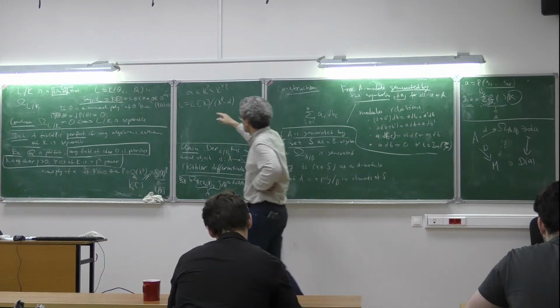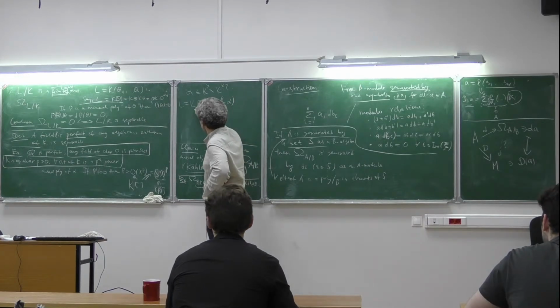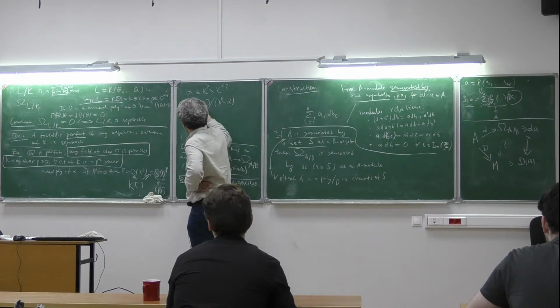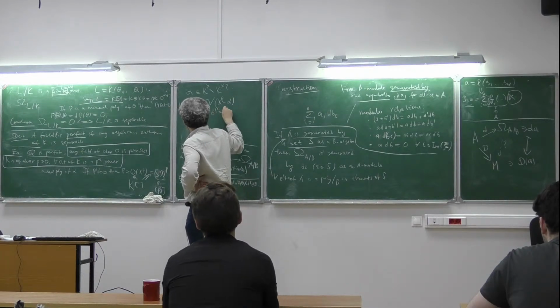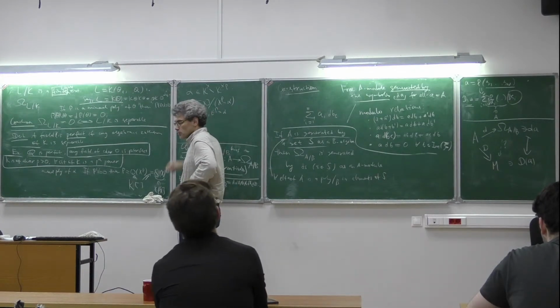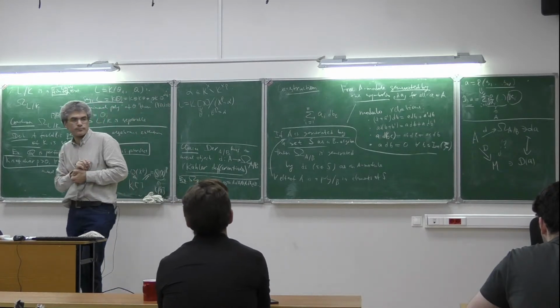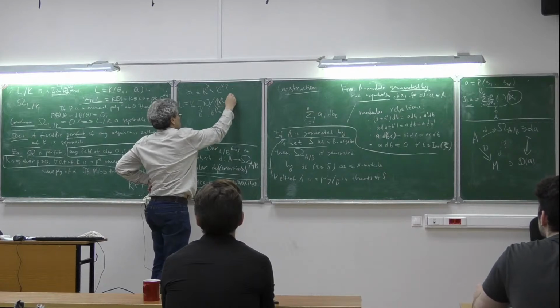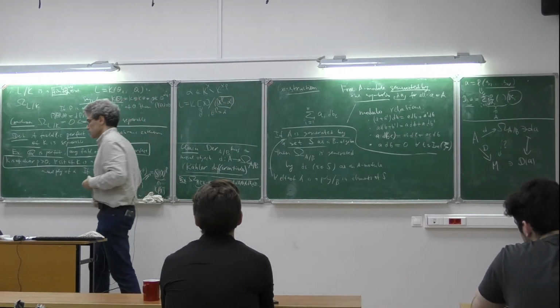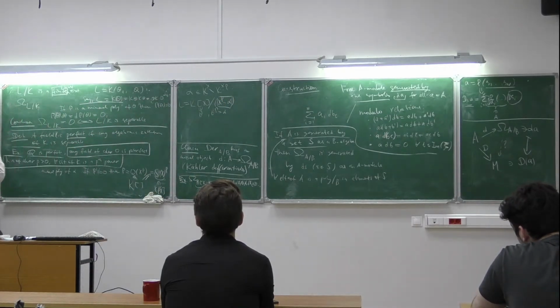So maybe also theta. So theta to the p is alpha, and of course you see that this extension is not separable, because the minimal polynomial has zero derivative.